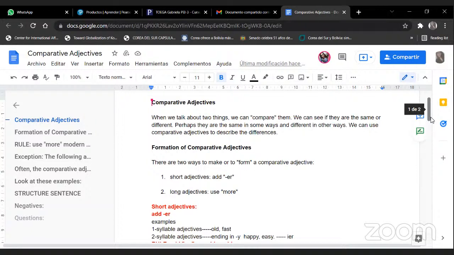Okay, great, perfect. So when we talk about these comparative adjectives, we are talking about those comparatives when we want to compare two things, maybe two people, two animals, okay, but always about two, okay? So the first thing that we will have is about the adjectives. As we can see here, we have the first kind of adjectives.